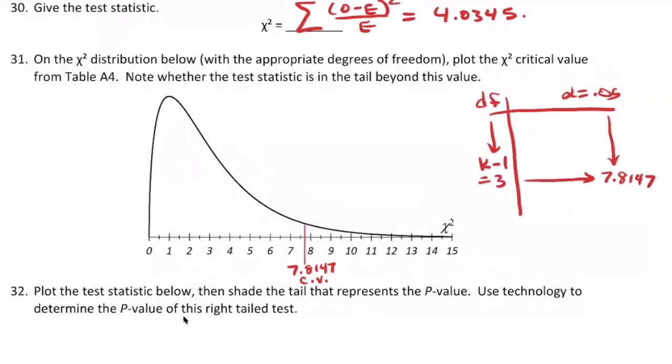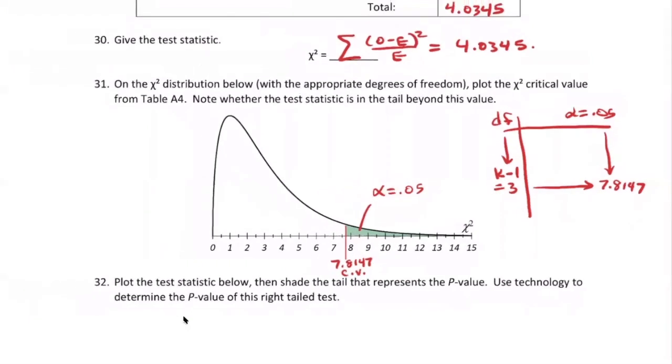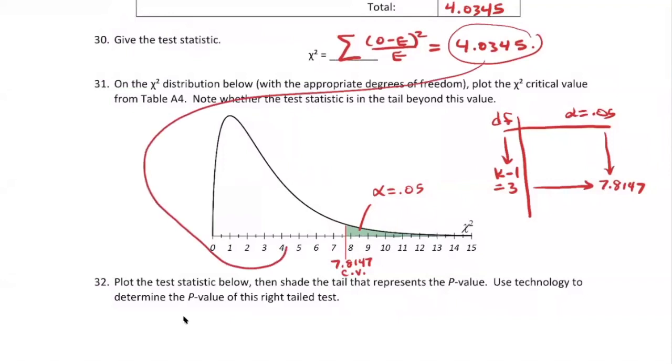And the area of the tail is alpha. This looks a little fatter this time with our alpha larger. So this one had an alpha of 0.05. Okay, any questions? Now notice the 4.0345 does not land in the tail. So it's over here.